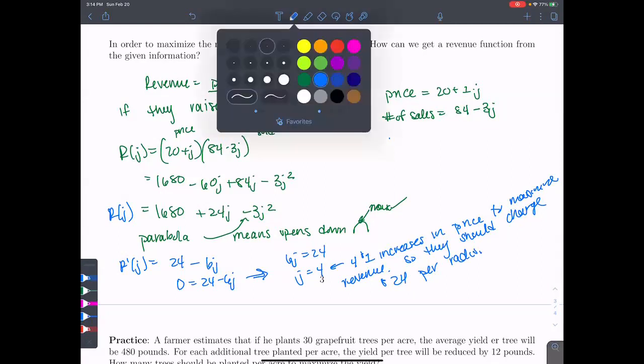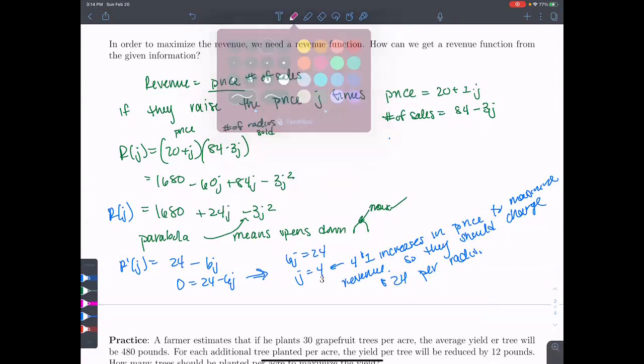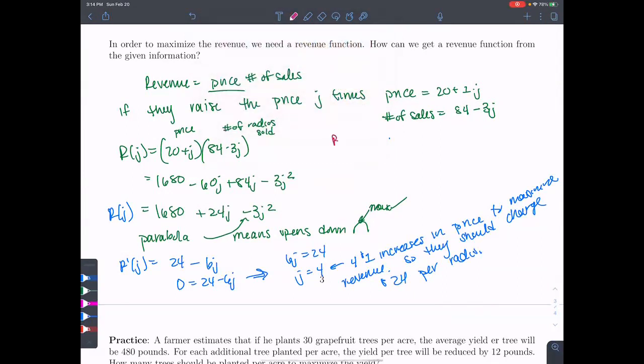Let's see what their maximum revenue would be if they did that. Also, R double prime of J is -6, so R double prime at 4 is going to be negative.